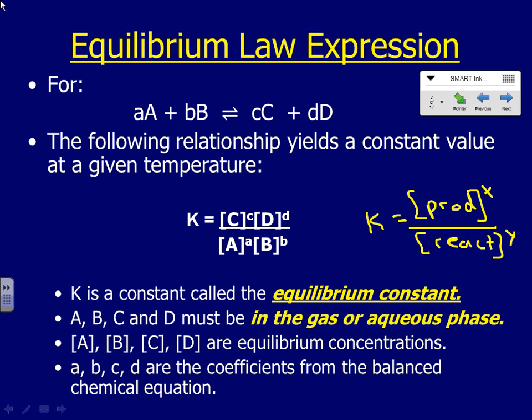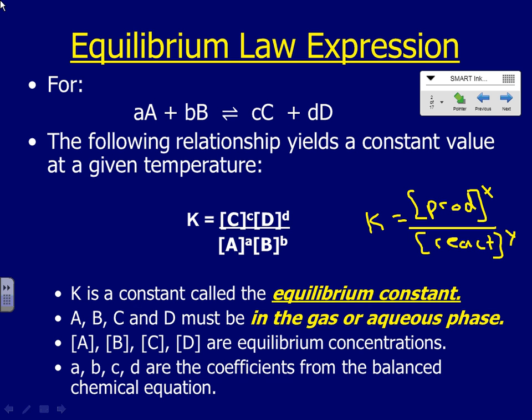A, B, and C must be in the gas state or in the aqueous phase, must be dissolved, and that's because they must be concentrations. You can't actually change the concentration of a solid or a liquid, and I'll talk about that in a moment.